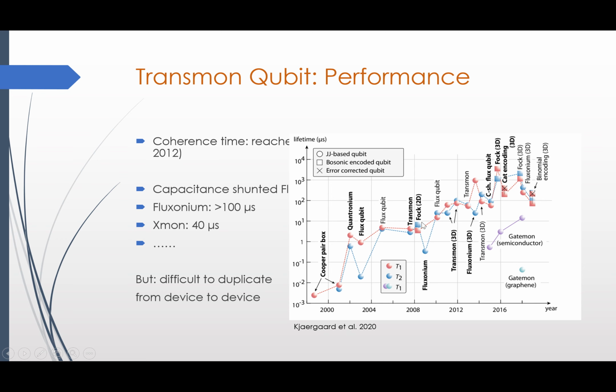However, there is a difficulty for Transmon and also for many other qubits, that the device and therefore the coherence time result is difficult to duplicate from one to another. You may get a very good coherence time for this device, but for another device you may not get the same good result.